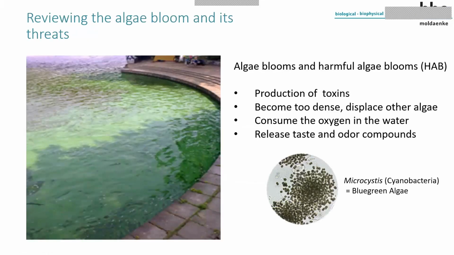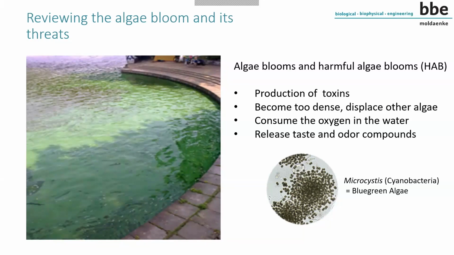Yeah, good morning to all of you from my side. I will start here and tell you something about algae blooms, and we have to distinguish algae blooms and so-called harmful algae blooms. Algae blooms can happen every year in the springtime when bright sunlight comes up and we have the growth of algae.